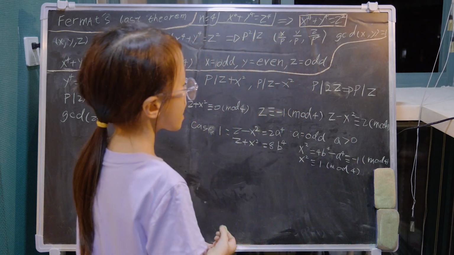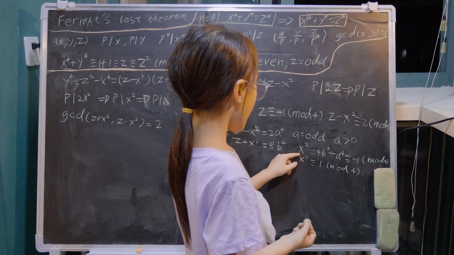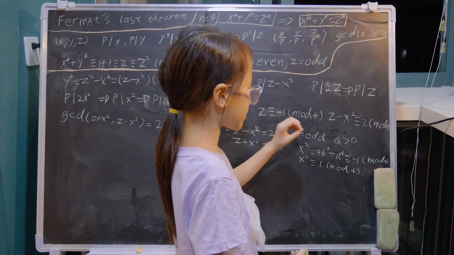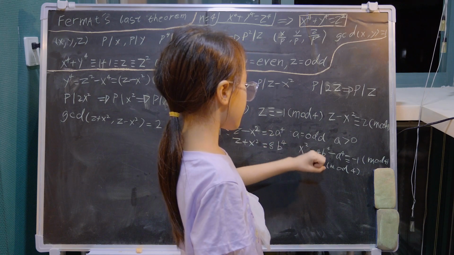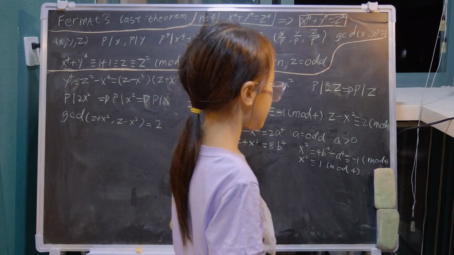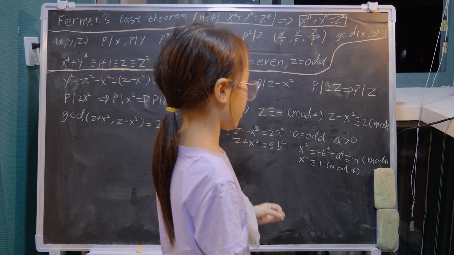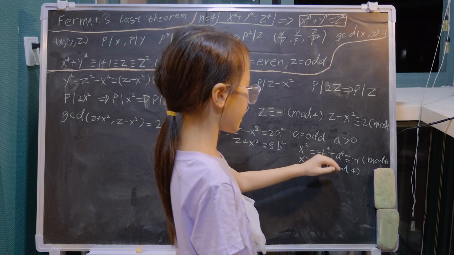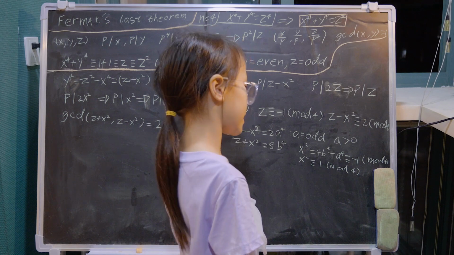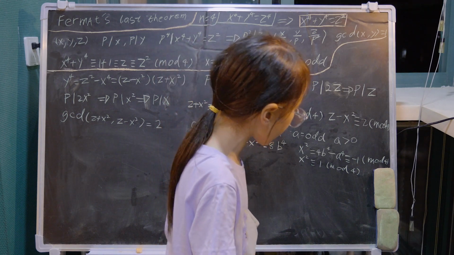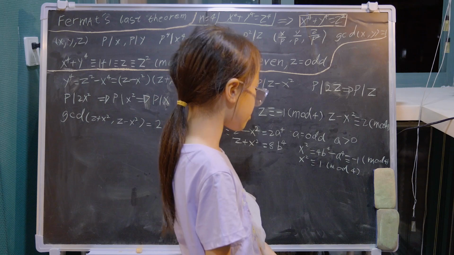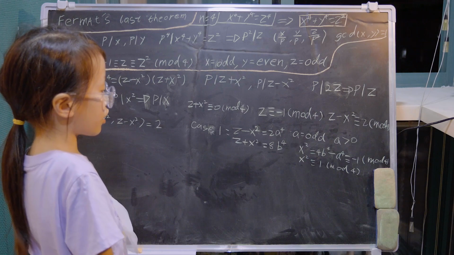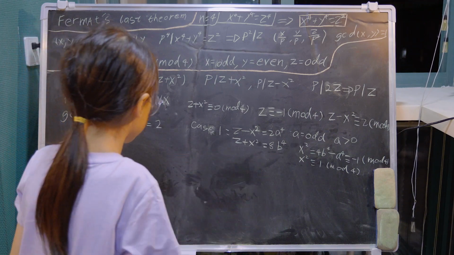Actually, x squared is equal to this part, but they're not congruent to the same remainder mod 4. So that is a contradiction, because x to the 2 is equal to 4b to the 4 minus a to the 4, but 4b to the 4 minus a to the 4 is congruent with negative 1 mod 4, while x to the 2 is congruent with 1 mod 4. So that creates a contradiction. So case 1 is impossible.